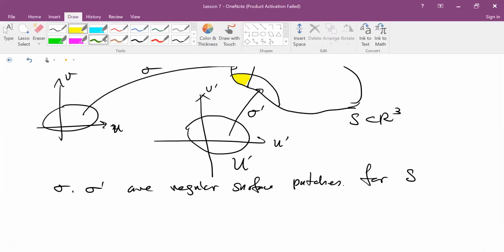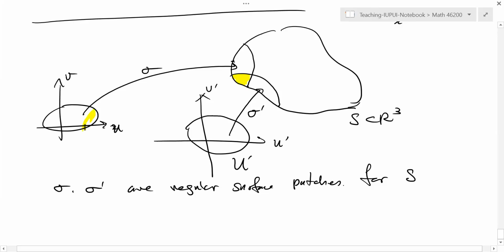So what happens to this common area? It comes from here, and also comes from here.